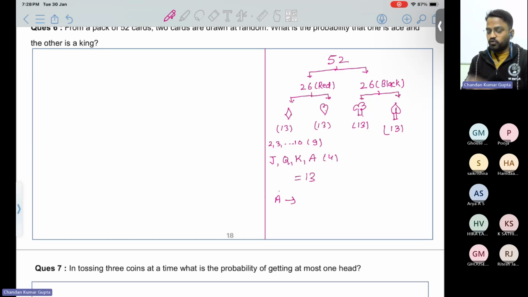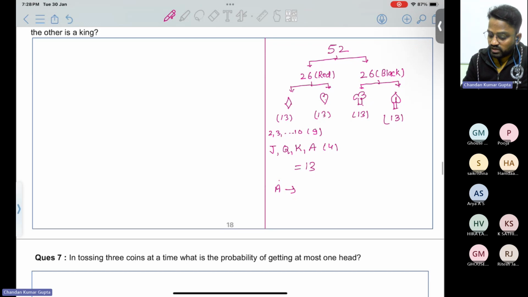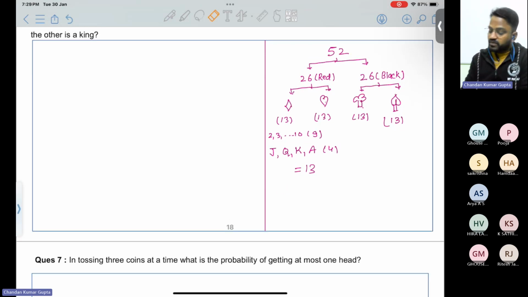Exactly. There are 4 cards, and each card has a different shape. One is the ace of diamond, one is the ace of heart, clubs, and spades. There is one of each. Okay, this is the distribution of a standard deck. So my question is a rapid question: how many alphabetical cards are there in a deck of cards?